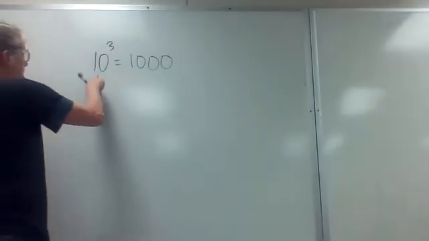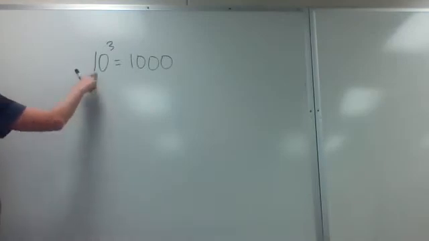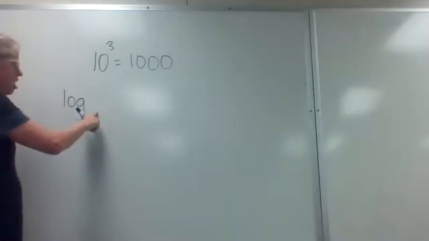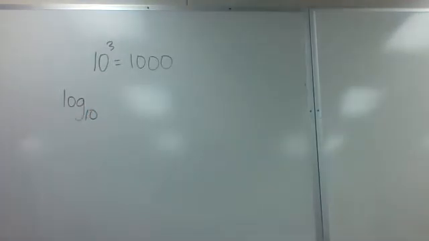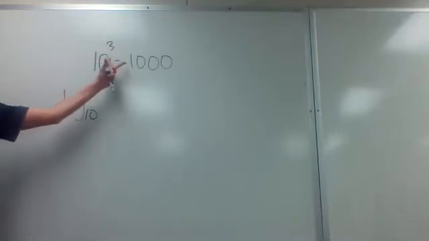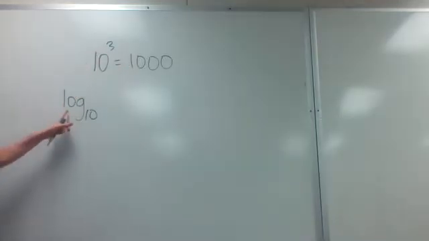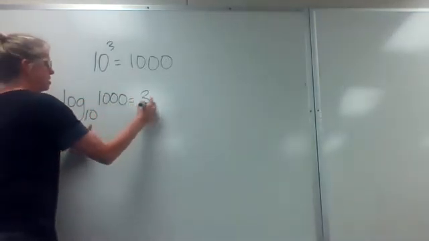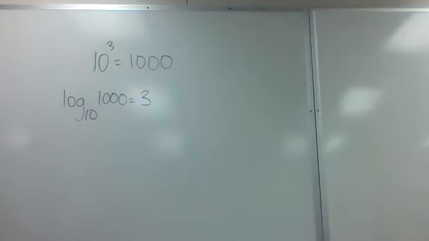So if I'm going to change that to a log, the base of your exponent is also going to be the base of your logarithm. Then these two are going to switch sides of the equal sign. So log base 10 of 1,000 equals 3.